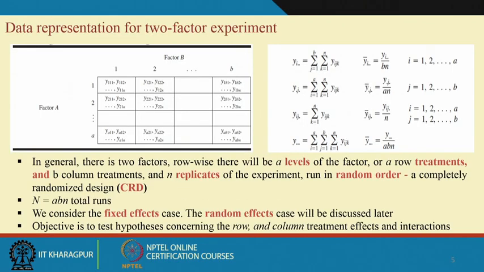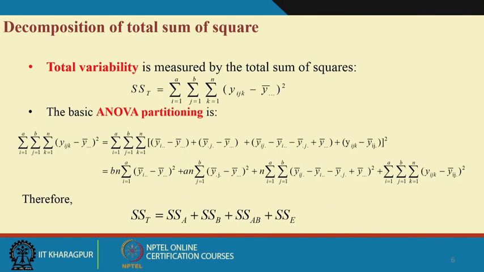Now, the test will be done using analysis of variance. So, similar calculations we will be doing. First, partitioning the general observations into overall average, row average, column average, and cell average plus errors, and then making the total sum of squares into row treatment sum of squares, column treatment sum of squares, then interaction sum of squares, and error sum of squares.